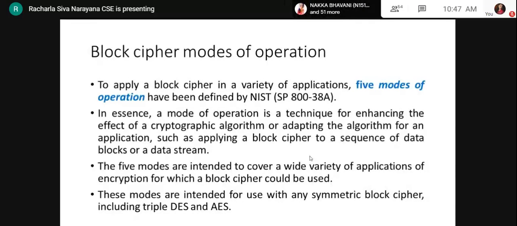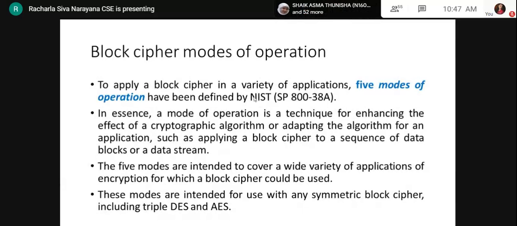But the problem is that it is reduced to a single stage for cryptanalysis to find both keys, the meet-in-the-middle attack. After that, we discussed triple DES with two different keys and three different keys. And then modes of operation.